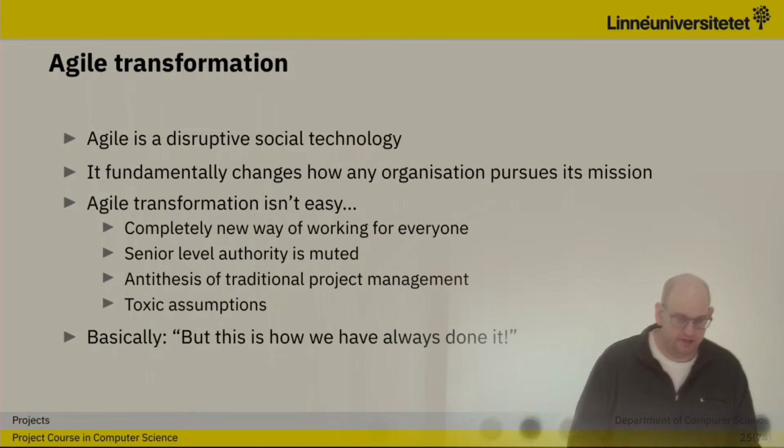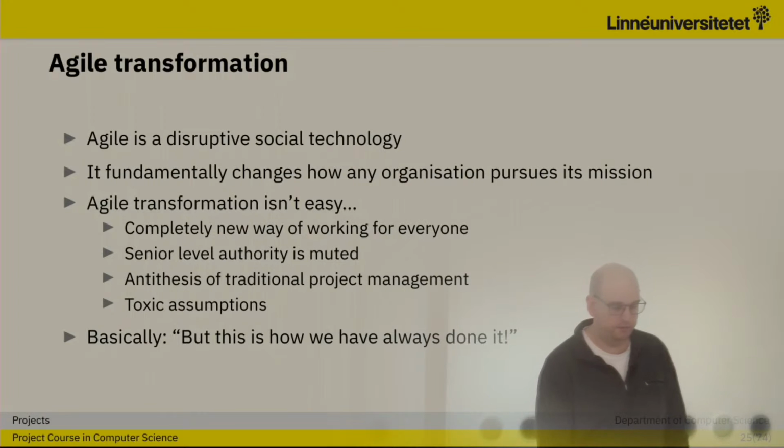But it is another way where this senior level authority is muted, and that might be one of the problems. The senior level, so the upper management, isn't that important in agile development.